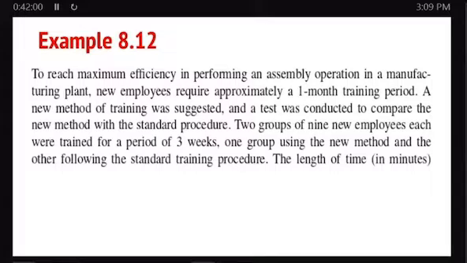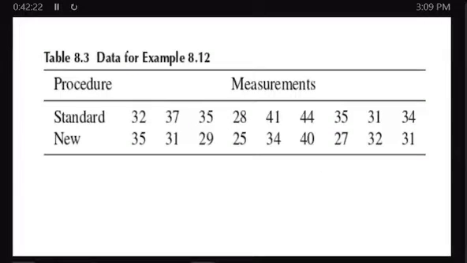A test was conducted to compare the new method with a standard procedure. Two groups of 9 new employees each were trained for a period of 3 weeks, one group using the new method and the other following the standard training procedure, and the length of time in minutes is actually that. You can see now, standard, new, and these are small samples, right?